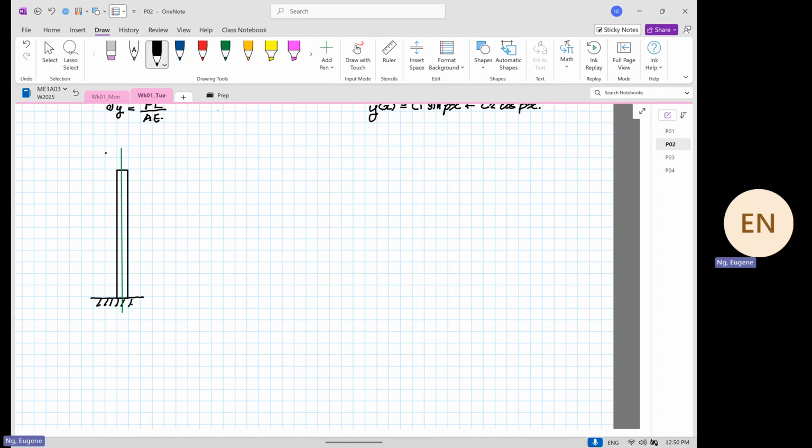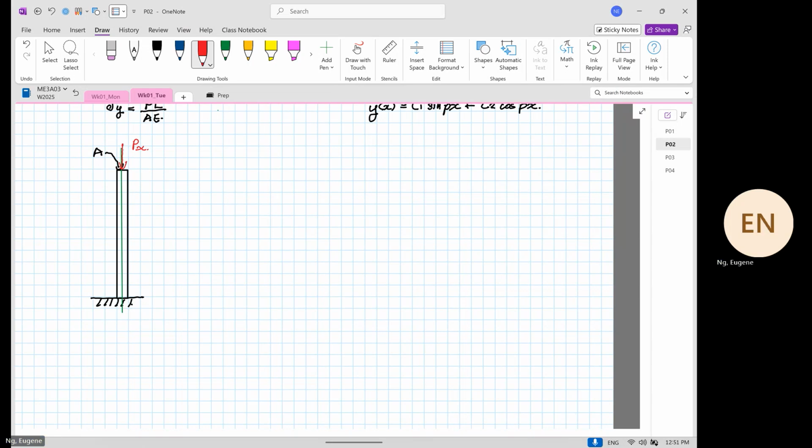So we know that this is A, which is our cross-sectional area. We have a load coming down, and this is P. I'll call this the PX direction for now.